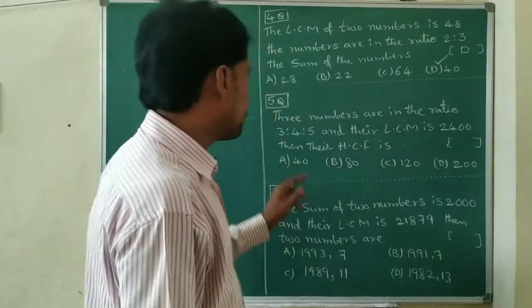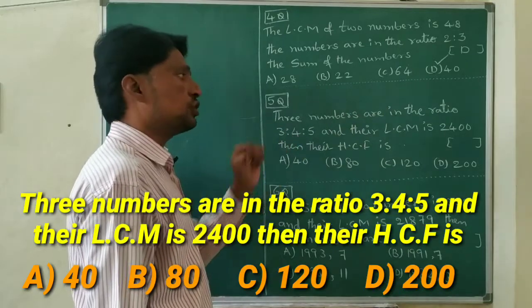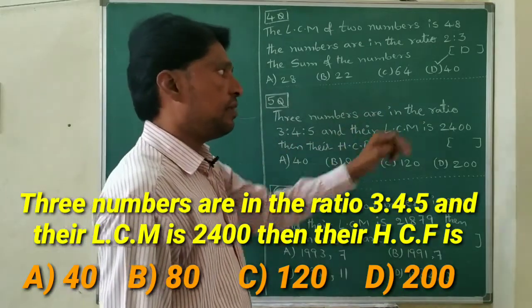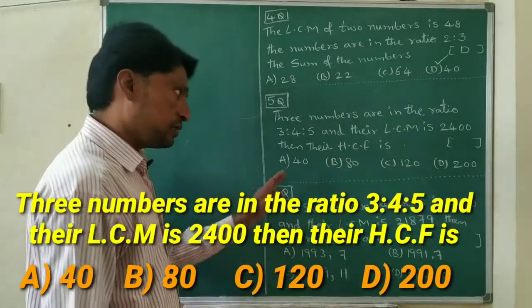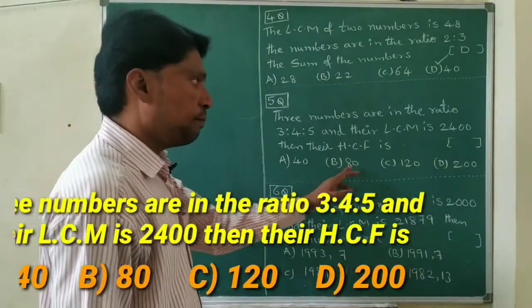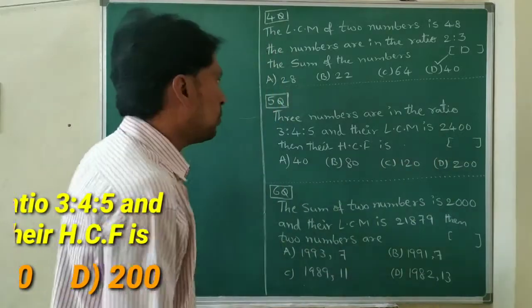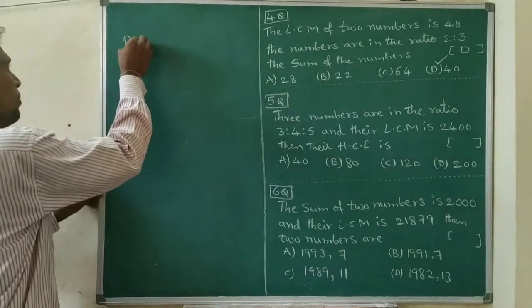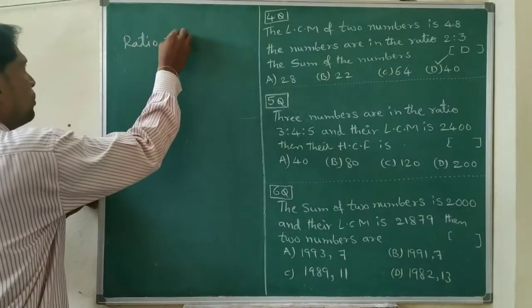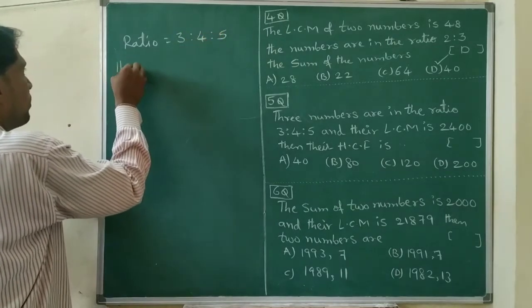Next, question number 5. Three numbers are in the ratio 3:4:5 and their LCM is 2400. Then their HCF is? Options A 40, B 80, C 120, D 200. So here the ratio of three numbers is given: 3:4:5.